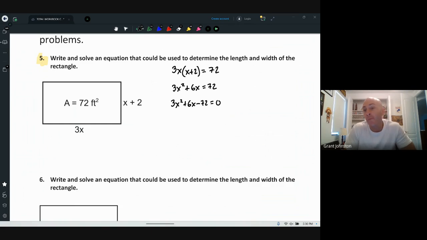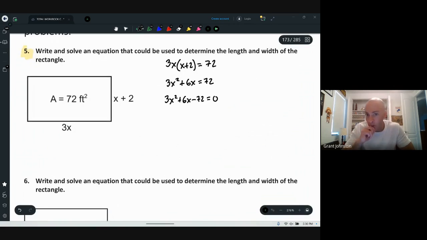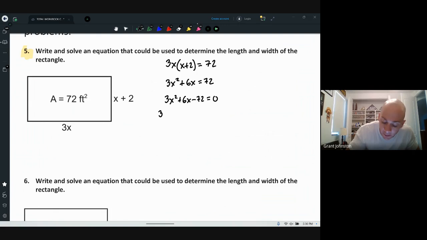You can go ahead and use the quadratic formula on this one, that's fine, but the numbers might get big. I'm going to use factoring because it's going to take up less space. And I see a little trick we can do with this one: all those numbers are divisible by 3. So to make this easy on ourselves, I can factor out a 3.